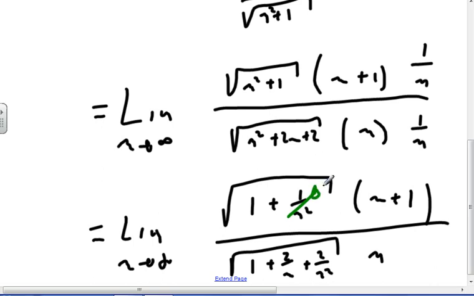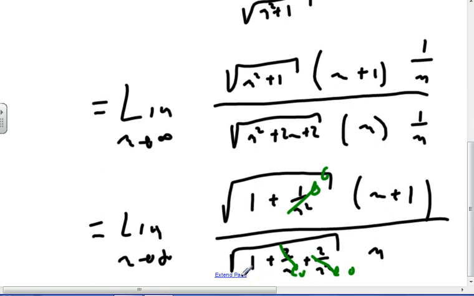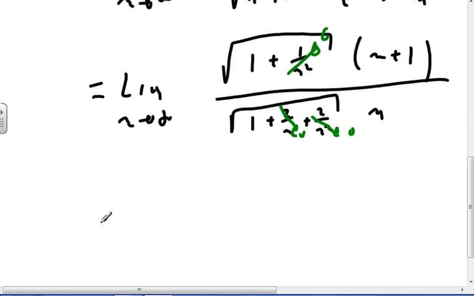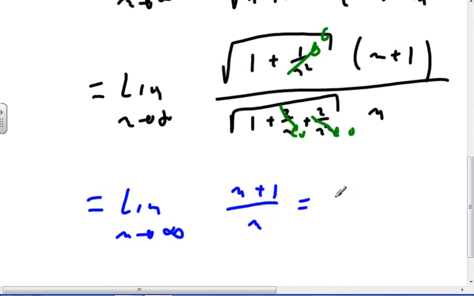All right, that guy goes to 0, that guy goes to 0, this guy goes to 0. And I got limit n goes to infinity, n plus 1 over n. Multiply top and bottom by 1 over n again, and I have 1. All right, so the test fails. So ratio test fails again.